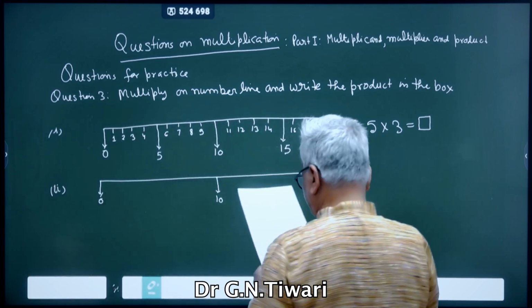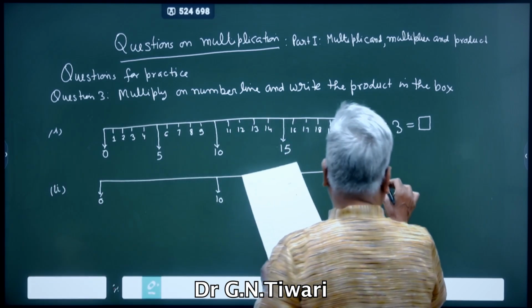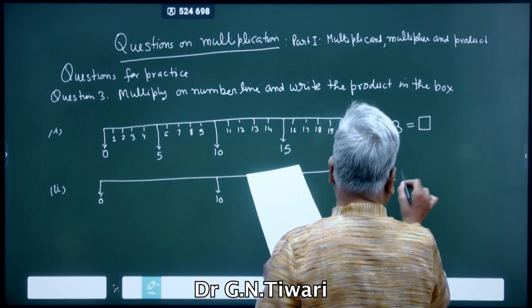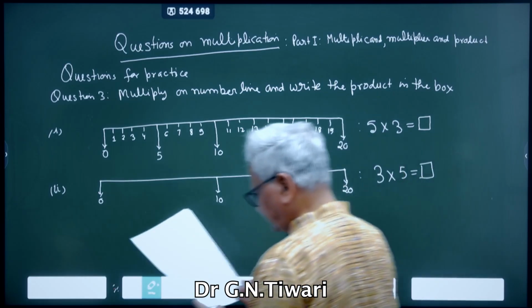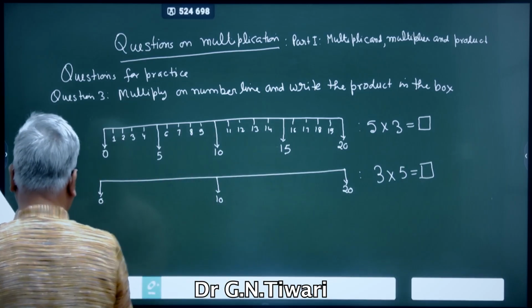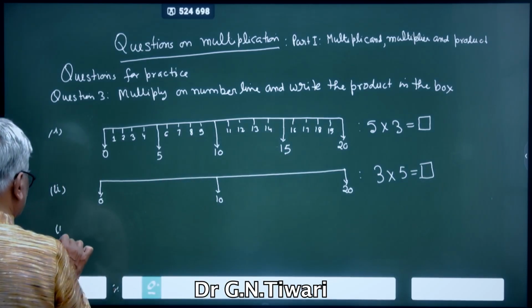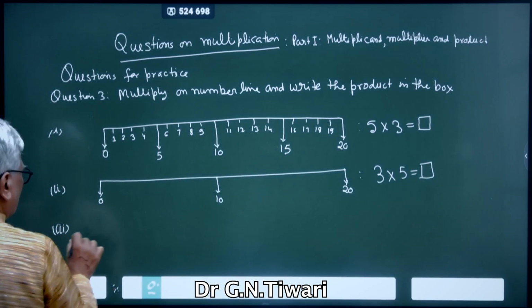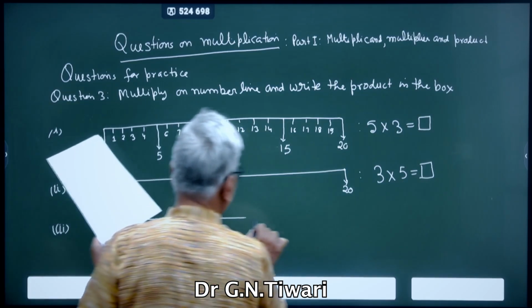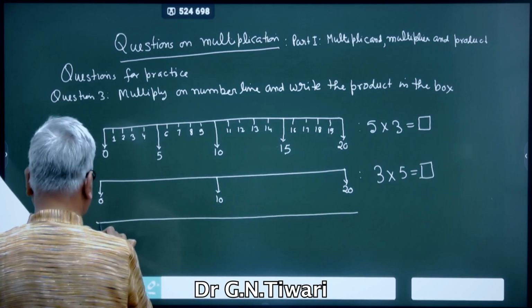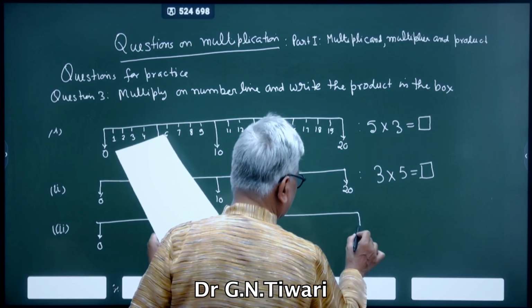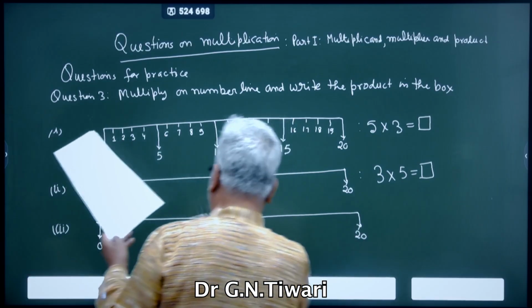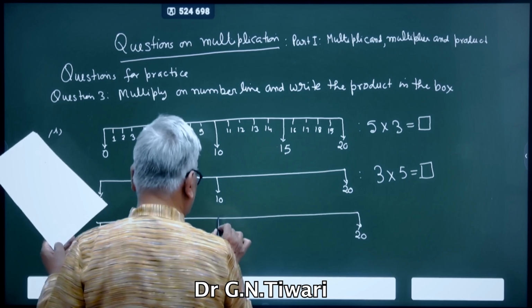And here, 3 5 product. Then third, again I will draw 0 to 20. अब देख कितना आसान है. एक तरफ 0 और बीच में 10.